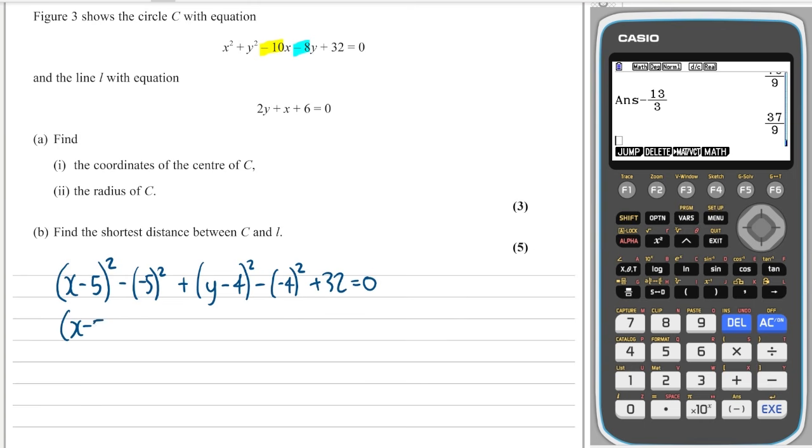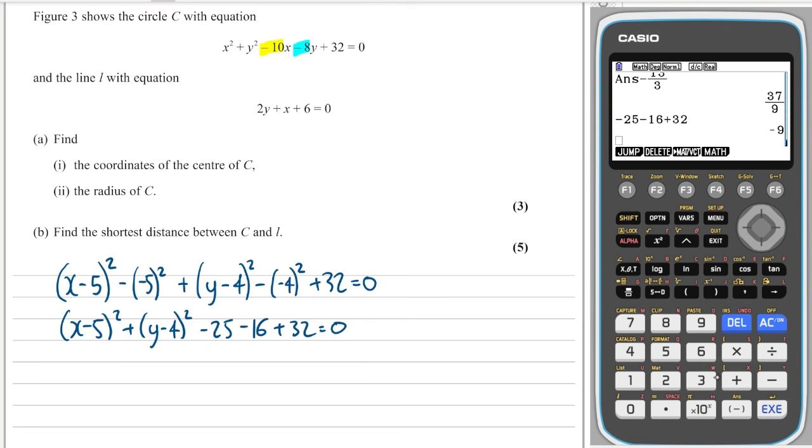Great, so I write x minus 5 squared plus y minus 4 squared. This gives me minus 25, this gives me minus 16, plus 32 equals 0. Minus 25 minus 16 plus 32 is equal to minus 9.